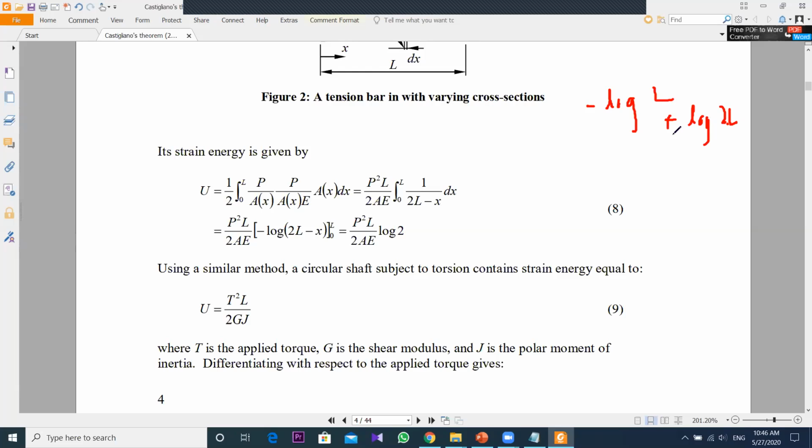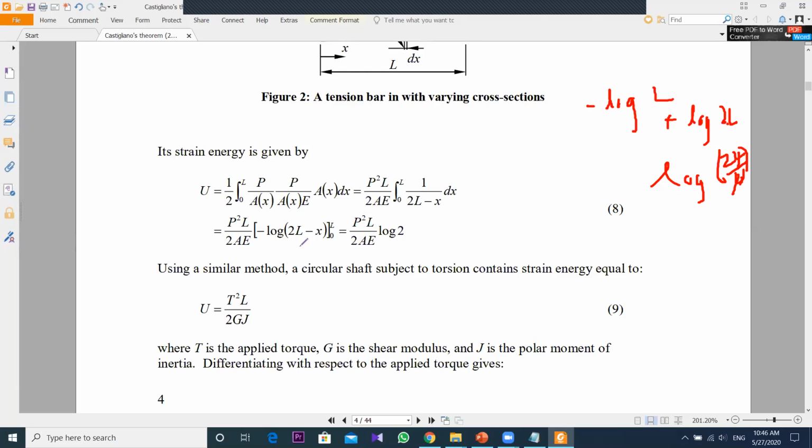So the one should be divided by this one. This is minus. So log 2L divided by log L, 2L divided by L, it will be cut off to L, and this will remain only 2. Are we clear? So that's how we can deal with the integration.